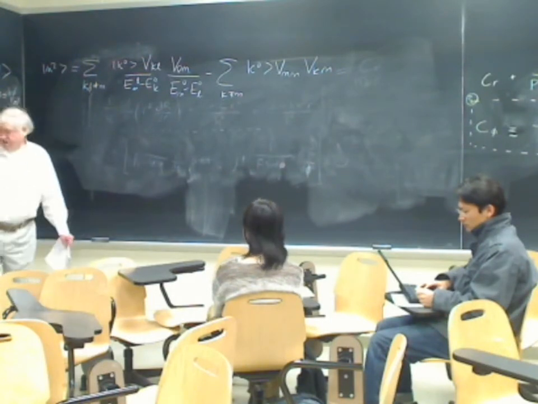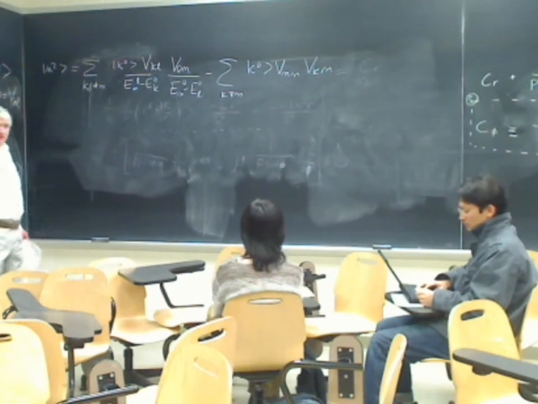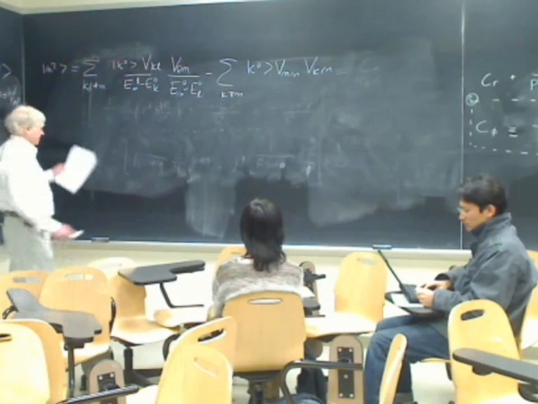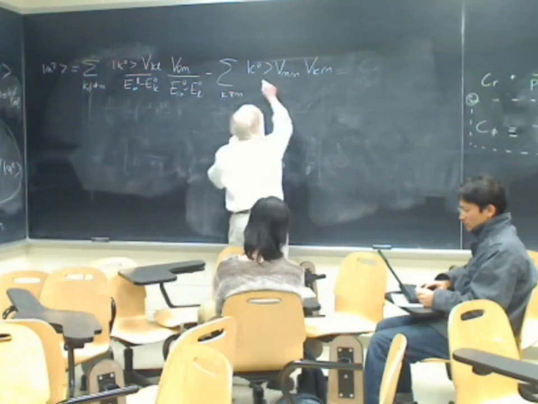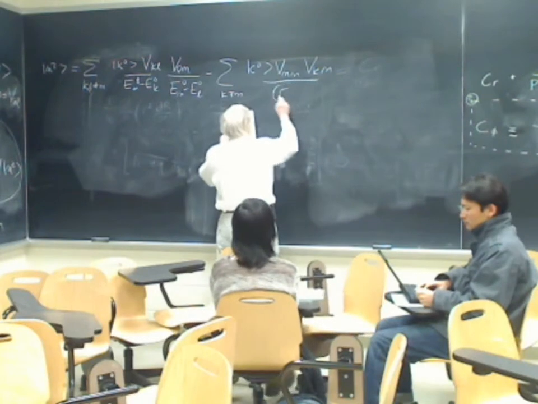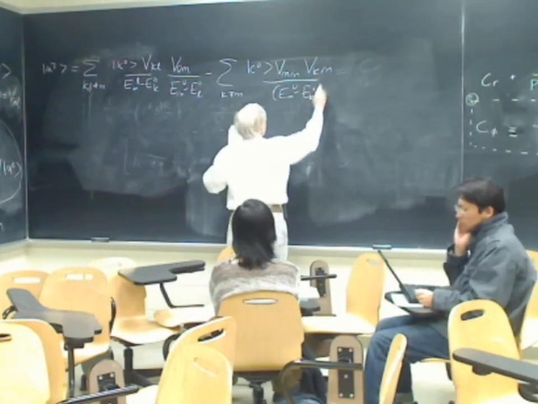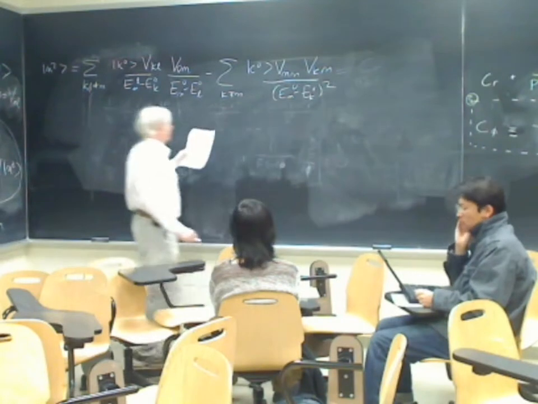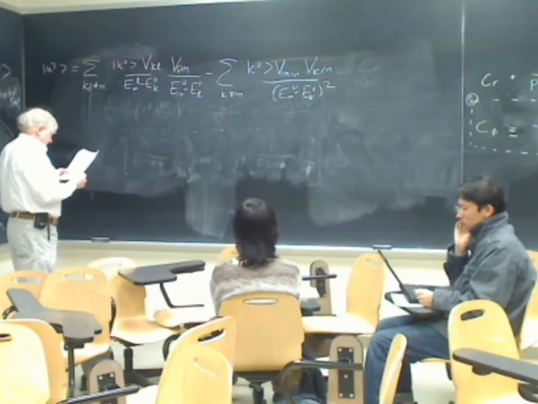Does anybody, you guys want to see this? And then what we have here in the denominator is En0 minus EK0 squared.